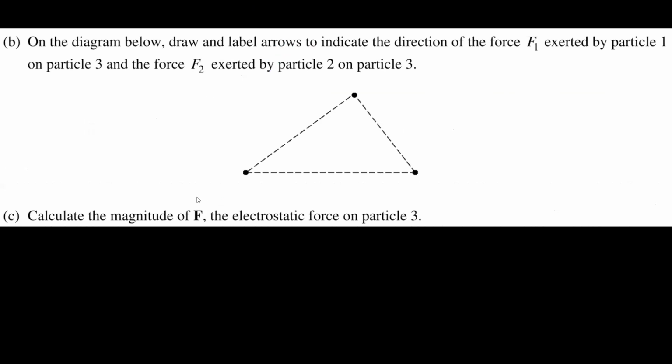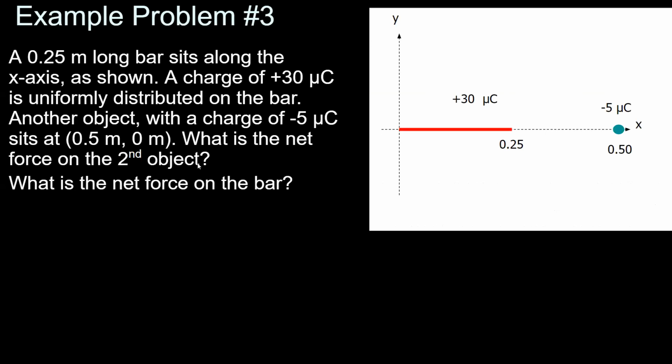So we'll just skip through this for now. This is the part of electrostatics that does require calculus. Let's say you have a charged bar with a uniformly distributed charge on it.